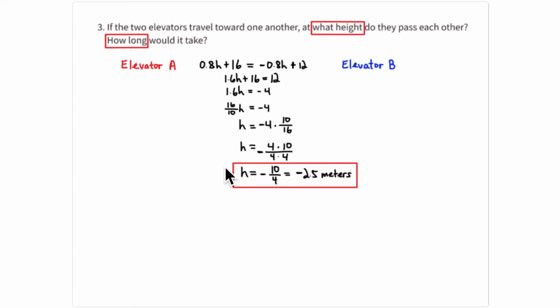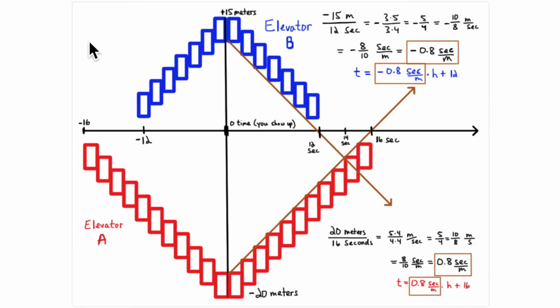All right, so question 3. If the two elevators travel towards one another, at what height do they pass each other, and how long will it take? So these two elevators are traveling towards each other. At what height do they pass each other, and how long will it take? Well, this is the height right here.